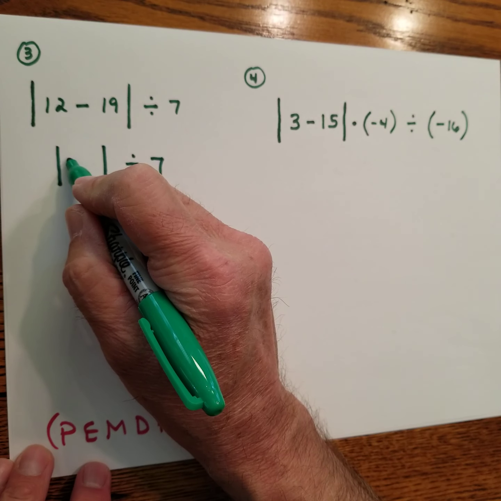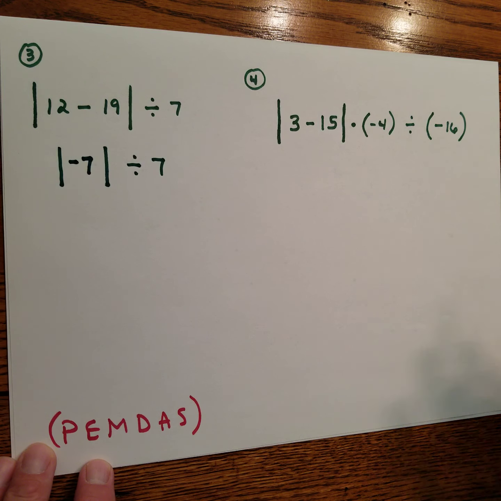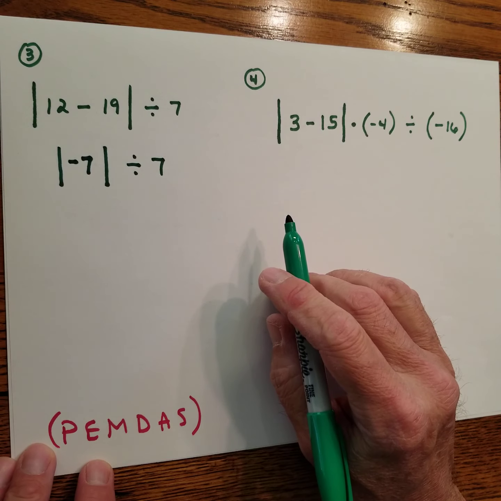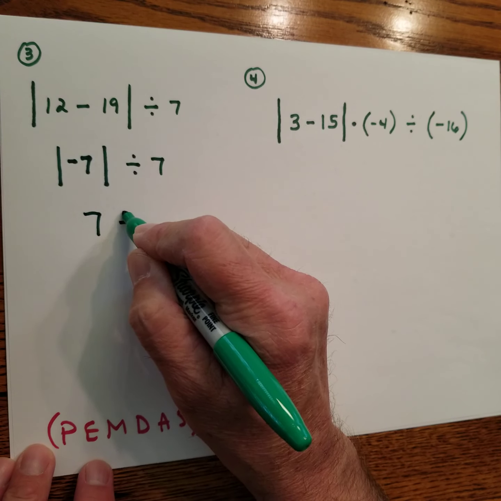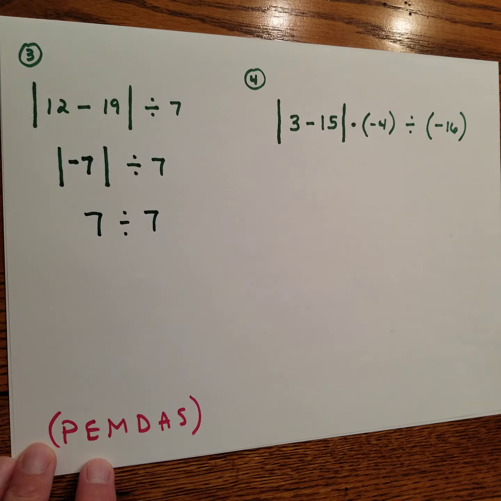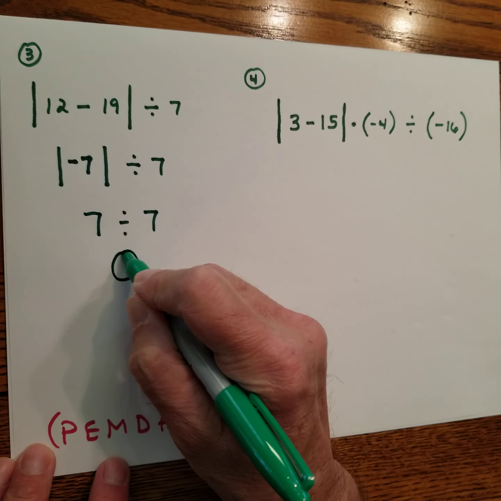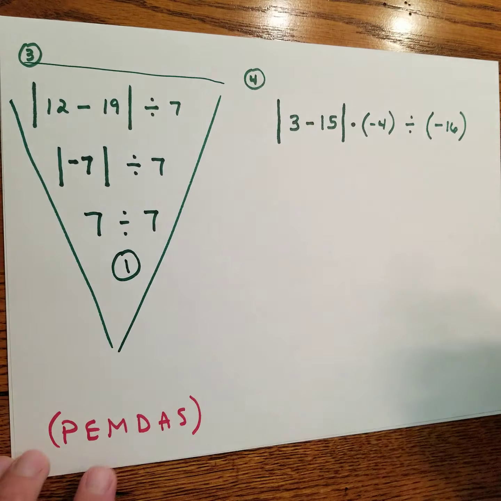Well, I know 12 minus 19 is negative 7. Now, absolute value takes any number and makes it positive. The absolute value of negative 7 is positive 7. Now divide. 7 divided by 7, that's 1. Beautiful. Look at that triangle. Put it in a triangle just the way we like it.